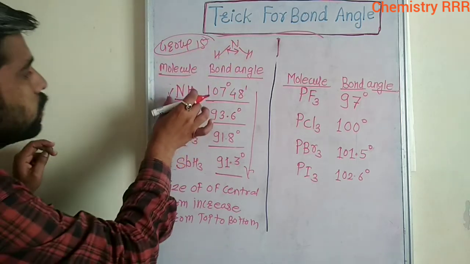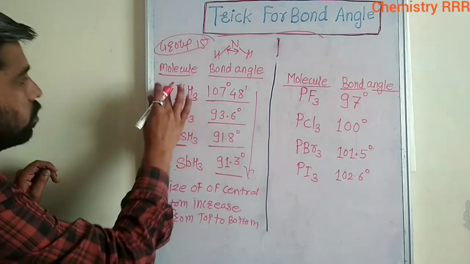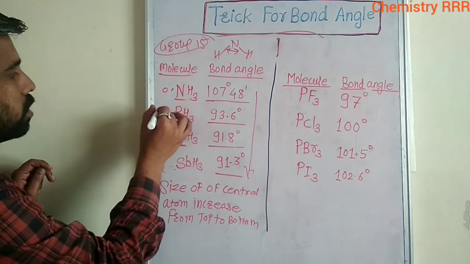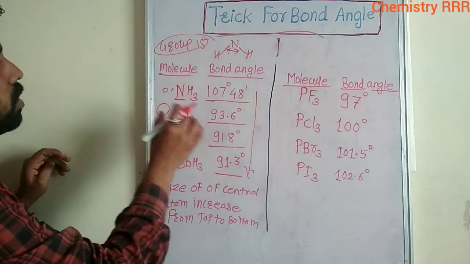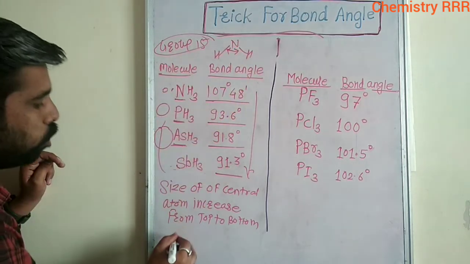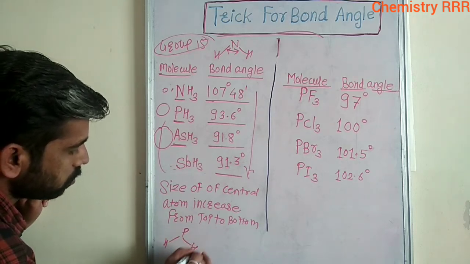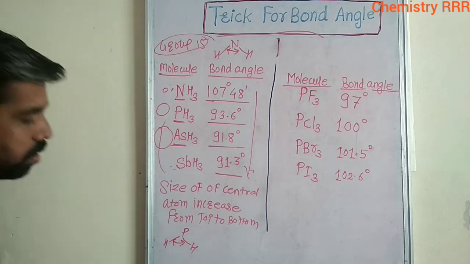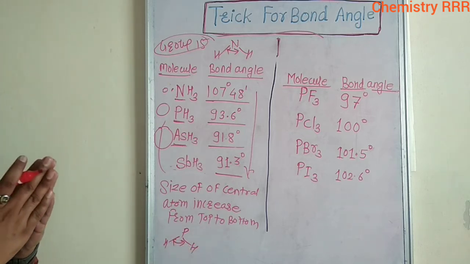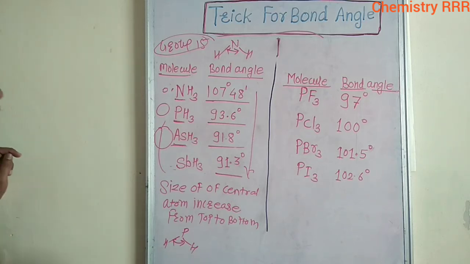Now, as the size of the central atom increases, from small size to large and larger, the bond pair repulsion between these two bonds goes on decreasing, and so the bond angle decreases.